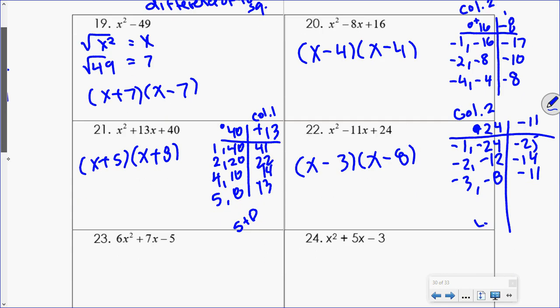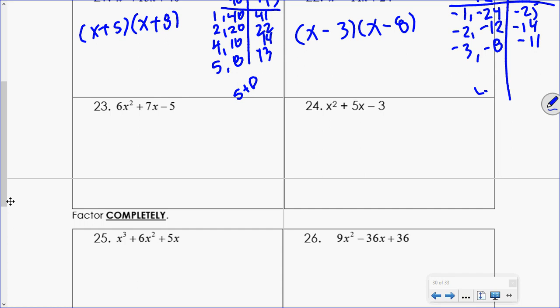Number 23, it's a slide and divide problem. So I'm going to circle 6. It slides over, and I multiply negative 5 times 6. This makes the original 6 on that coefficient of x squared go away. And this becomes x squared plus 7x minus 30.